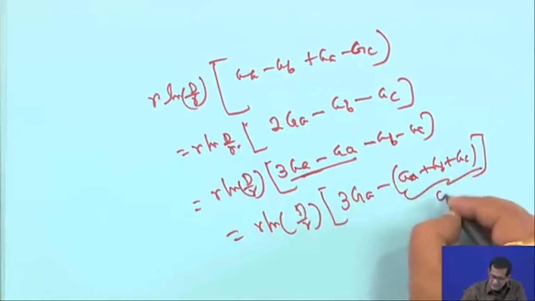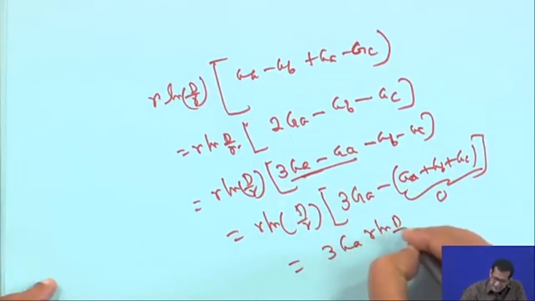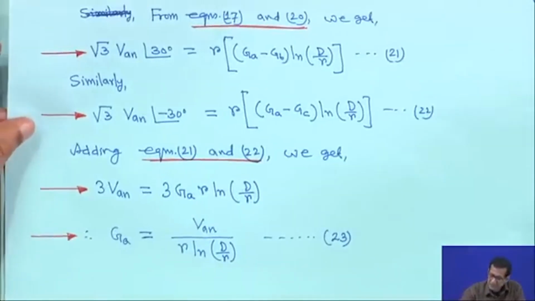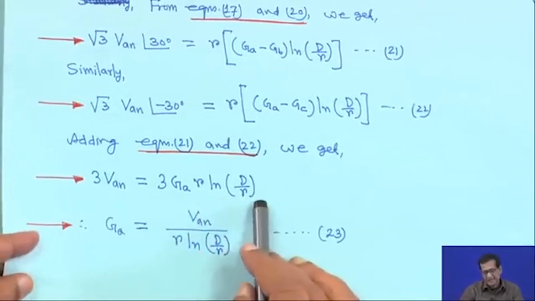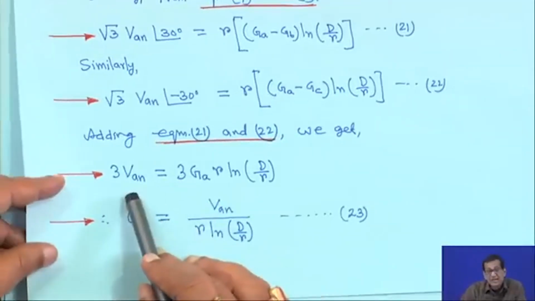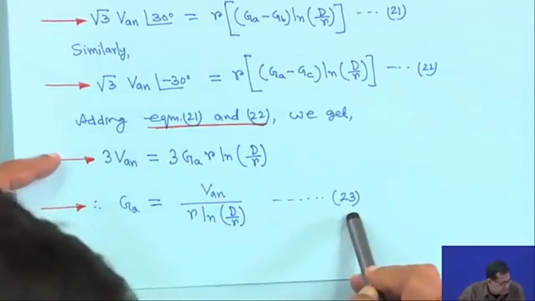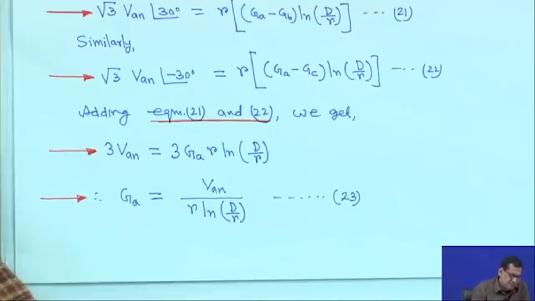So this term is 0, that is why it is 3 Ga R ln d upon R. That is why we are writing that 3 Vn is equal to 3 Ga R ln d upon R. So 3 will be cancelled, and therefore Ga is equal to Vn upon R ln d. This is equation 23. This is for phase A conductor, Ga, the potential gradient.